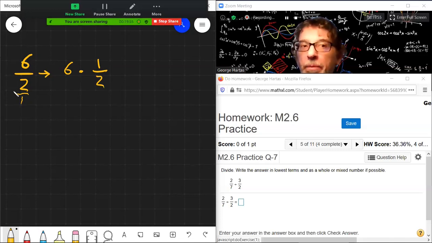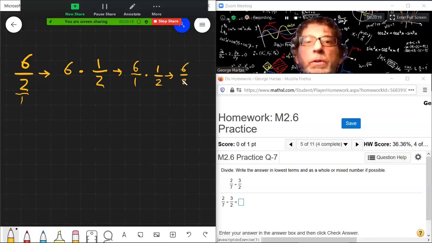Dividing by a number is the same as multiplying by that number's reciprocal. Let's put a 1 under the 6, as we did in multiplying fractions. Times 1 over 2. Multiply straight across, 6 over 2, which is 3.